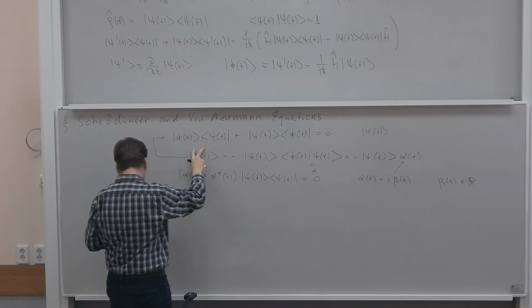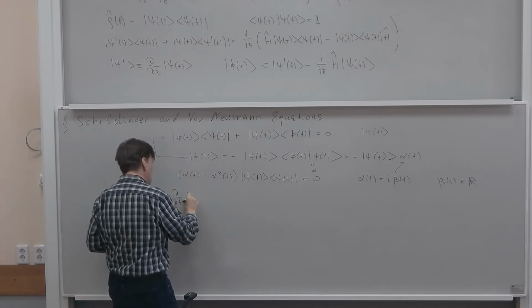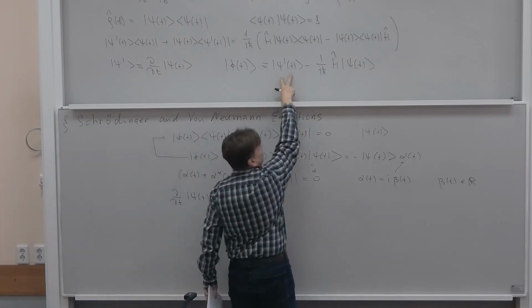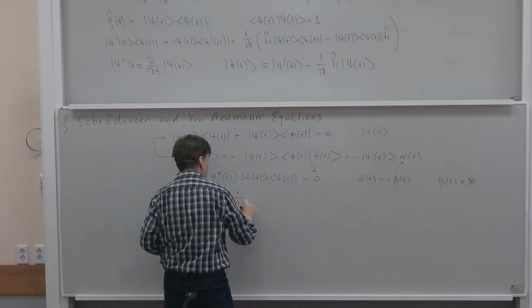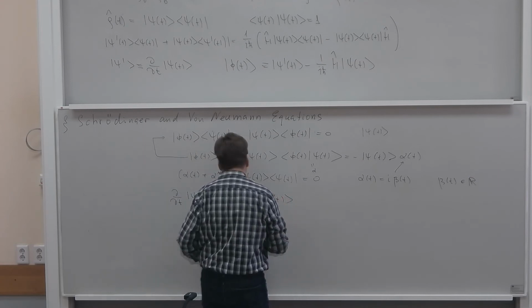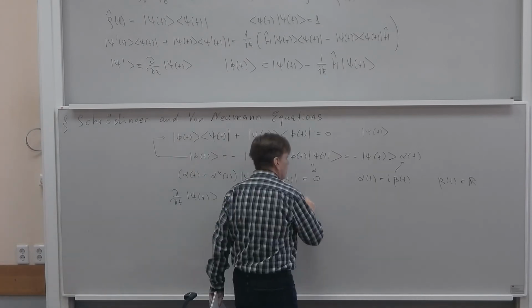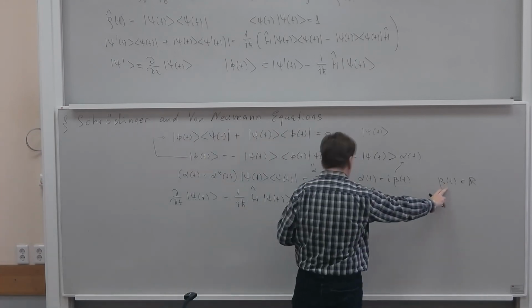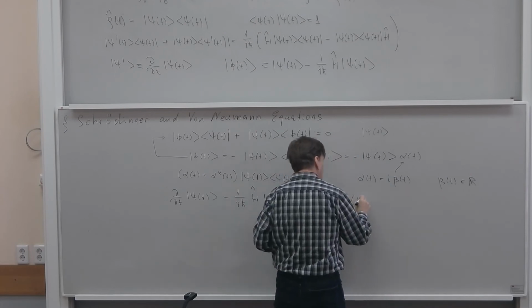As a result we get d by dt psi of t minus 1 over i h bar H of t, that is vector phi, is proportional to vector psi with proportionality coefficient i beta of t, psi of t.